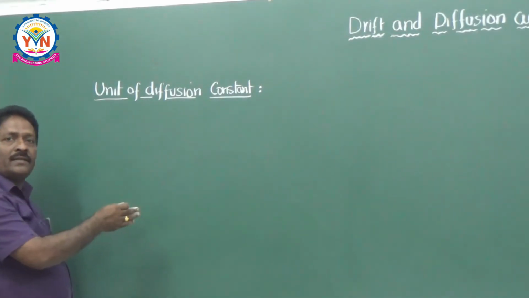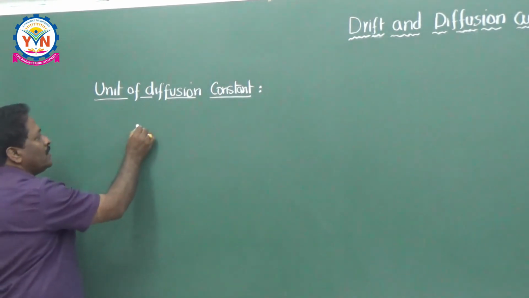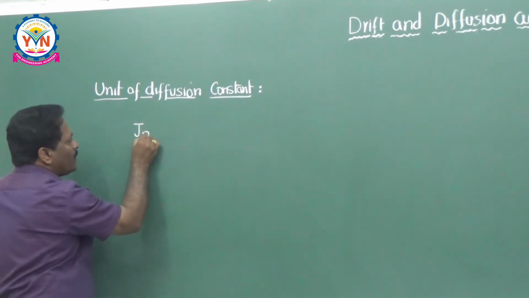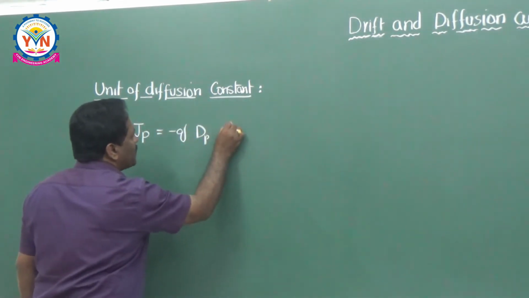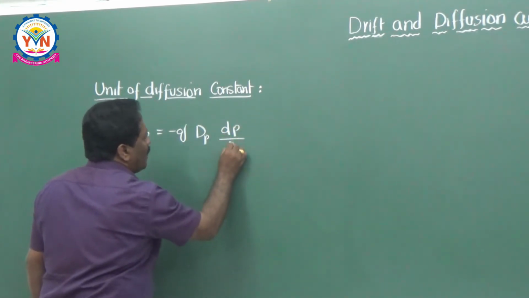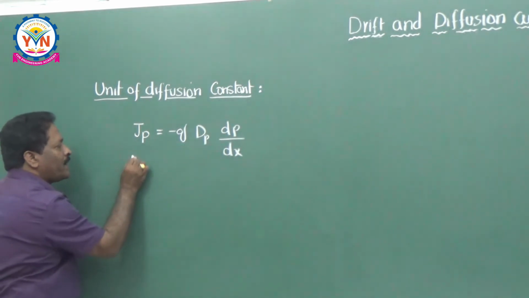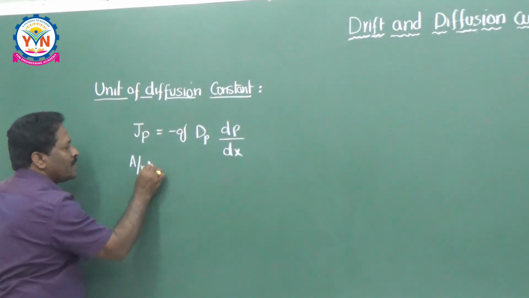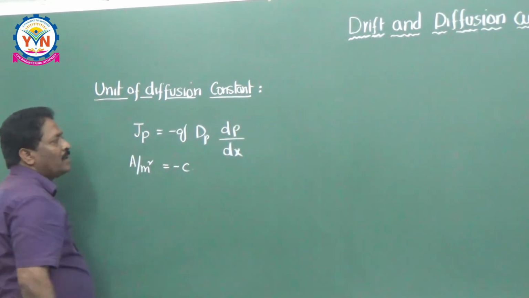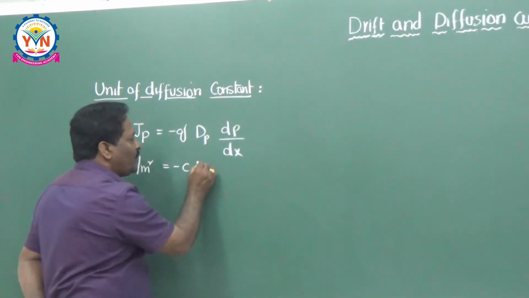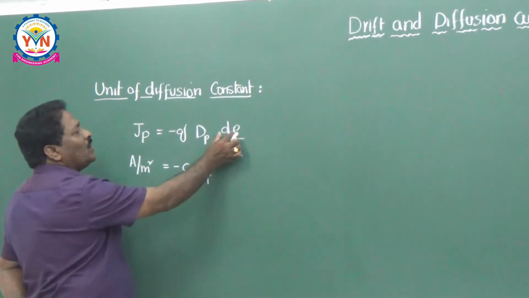Just now we have seen the mathematical equation of the diffusion current: Jp is equal to minus q dp by dx. Coming to the units, what is the unit of current density? Ampere per meter square is equal to minus charge, coulomb, into Dp, the diffusion constant, whose unit we would like to identify, into the change in holes.